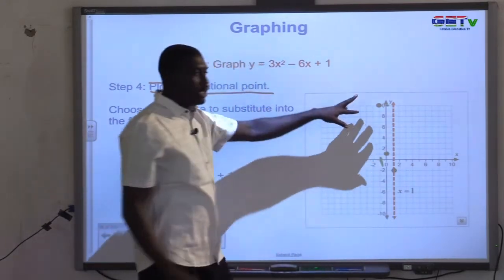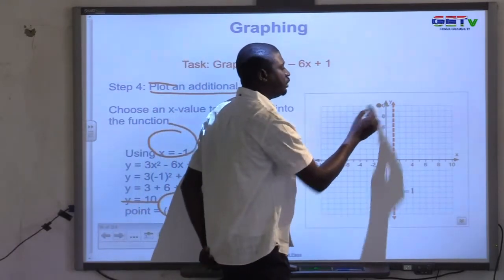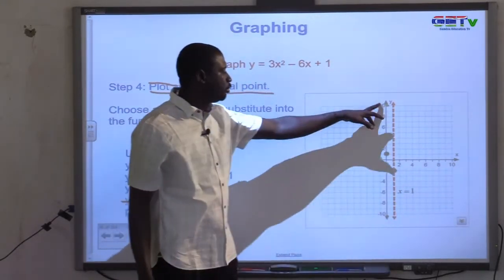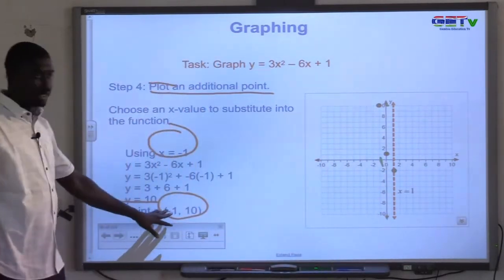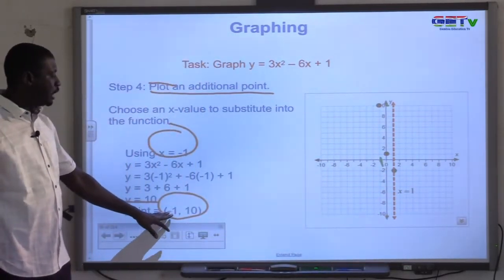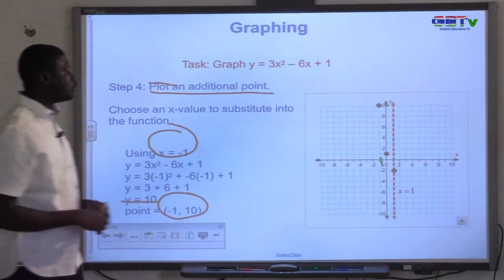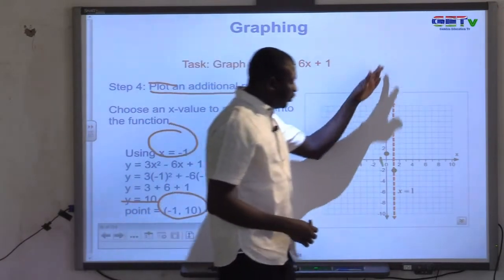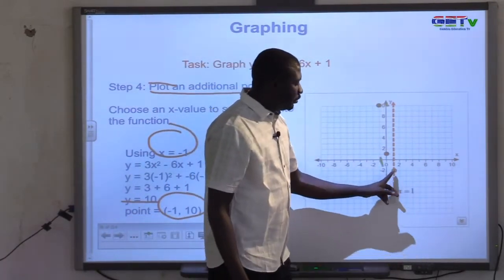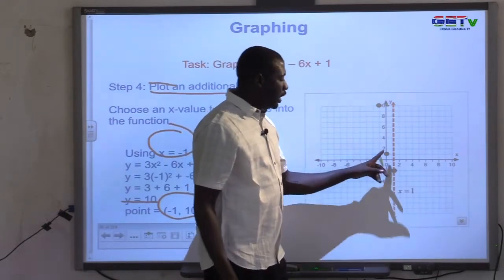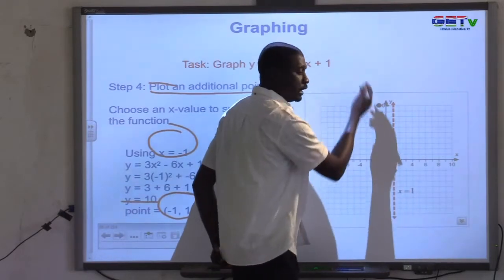So where these two lines meet, that is the coordinate point there, and it's marked there. So this coordinate point is negative 2 and 10, just like the value that we get there. Sorry, negative 1 and 10. Negative 1 and 10. So now we are able to find the line of symmetry, the vertex, the y-intercept, and another point. So we have all three on one side.